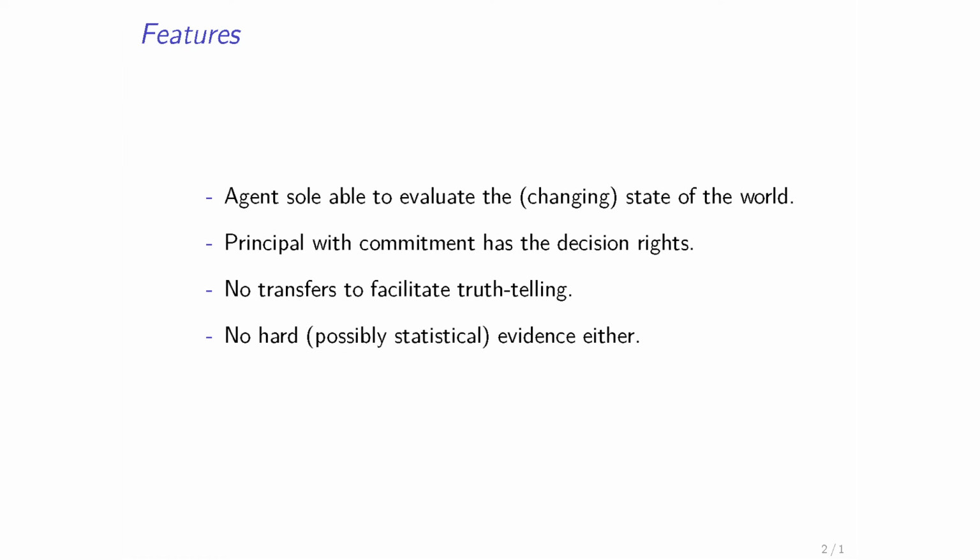Moreover, there is no hard evidence, possibly statistical evidence, about the agent's private information either. So in this case, as you can see, the only instrument that the principal has to discipline the agent is future allocation decisions. So we are interested in solving for the optimal mechanism for the principal.